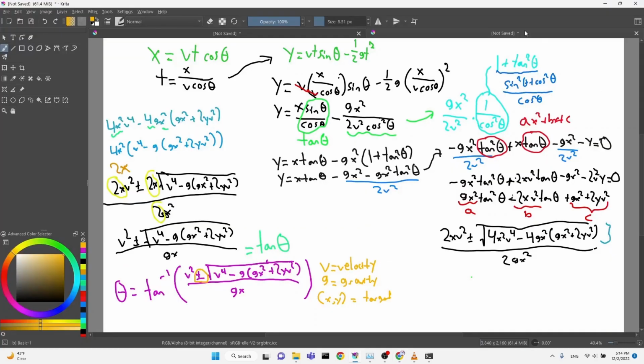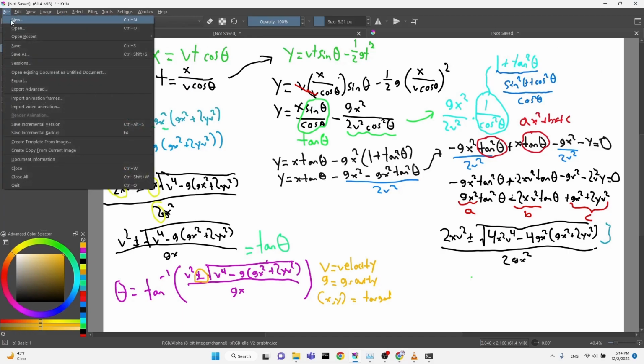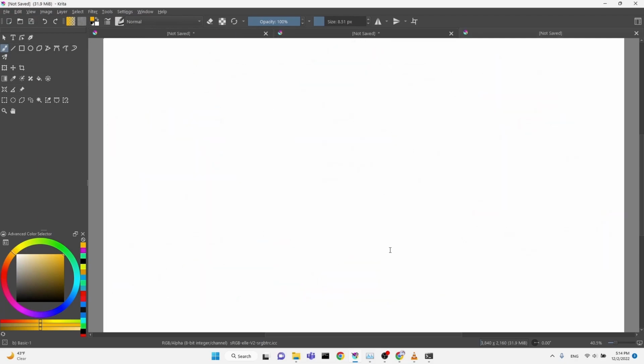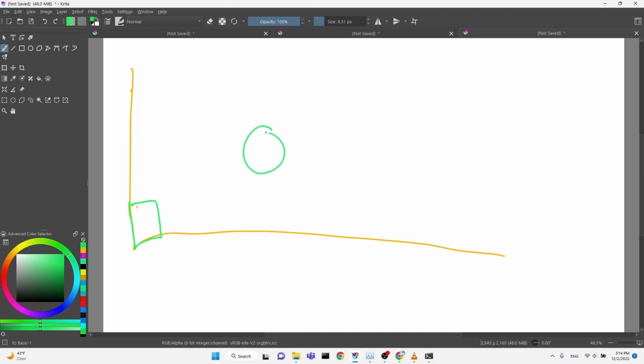I'm just going to make a new canvas. Let's say you have a nice coordinate system, and you have this square, a shooter who's going to shoot at an entity, maybe over here. What angle do we need to shoot at?